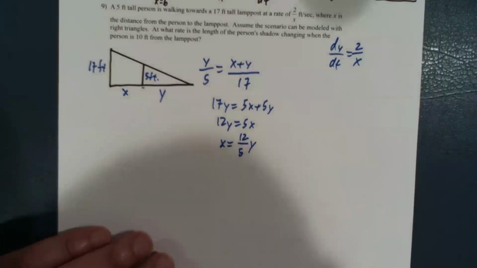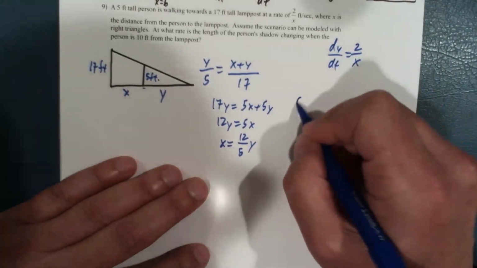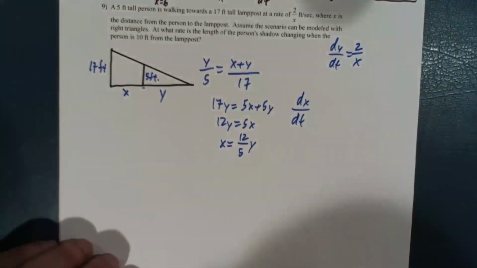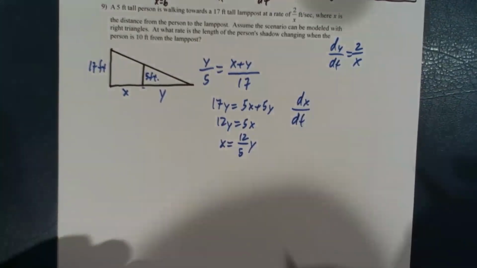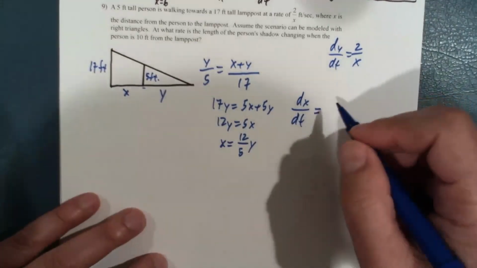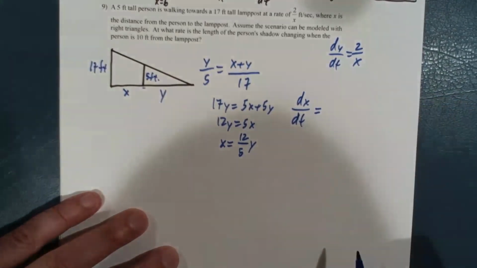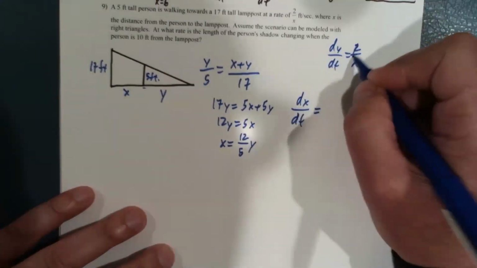All right. So we are now going to take the derivative, dx over dt, which is what we're looking for. That's the length of the shadow. I'm sorry, I have this wrong.